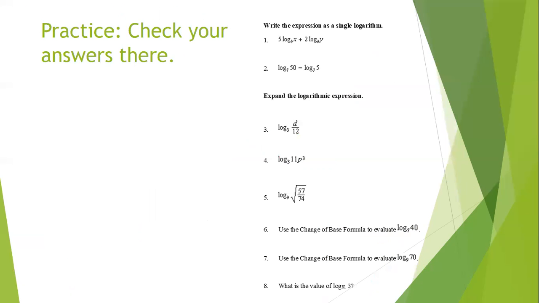Okay. All right, so on the practice, we have your expressions for condensing. So 1 and 2, you're condensing. For 3, 4, and 5, you're actually expanding. So remembering and applying the properties. On 5, this is your hint for 5. It's a challenge one.